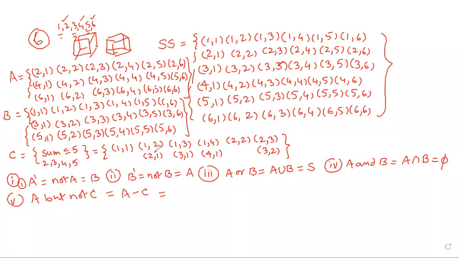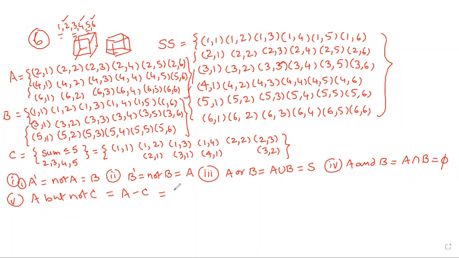In A minus C, write down what we are getting, everyone. So simply, (2,2) cancel, (2,3) cancel, (3,2) cancel. Next, write down the cancellation numbers.